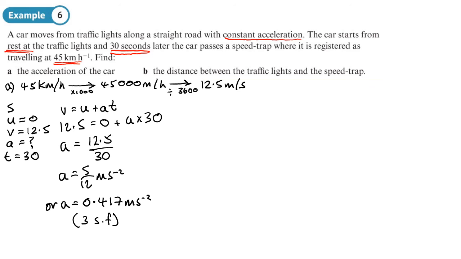Part B says the distance between the traffic lights and the speed trap or the speed camera. SUVAT again.